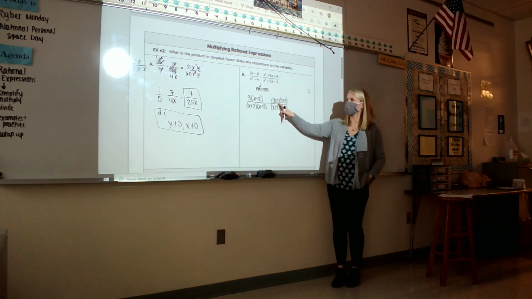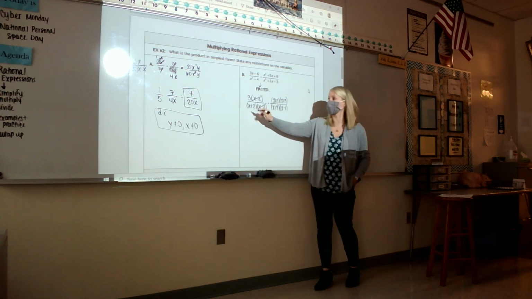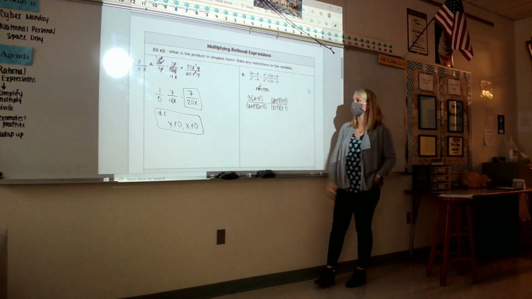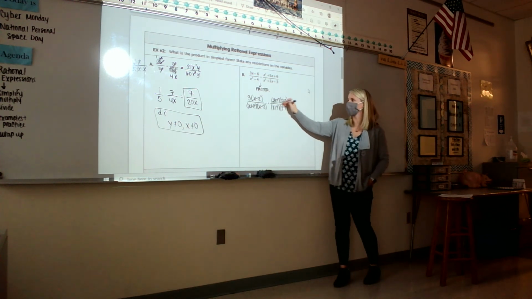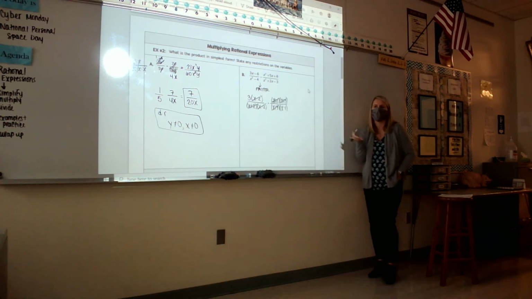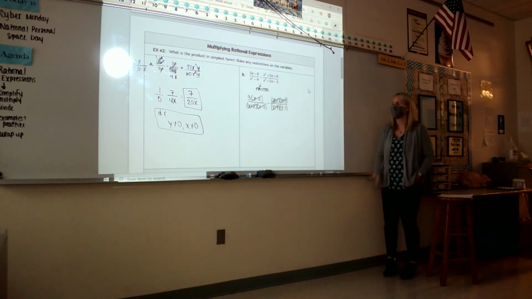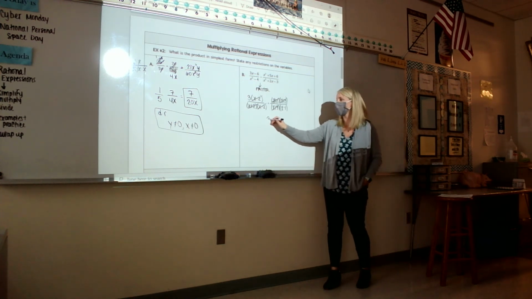We have an x plus 2 here, and even though it's over here in this thing, they still cancel. So the x plus 2's cancel. We have an x plus 3 here and an x plus 3 here. As a math teacher, it's just very satisfying to start canceling things out. And then whatever's left is your answer. In the numerator, all you have left is 3. In the denominator, you have x minus 1.